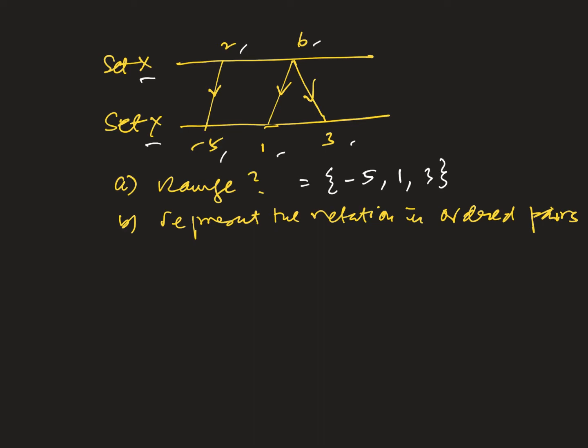And if you put this relation in ordered pairs, it will be (2, -5), (6, 1), and (6, 3).